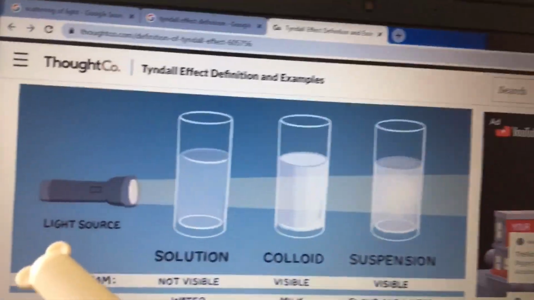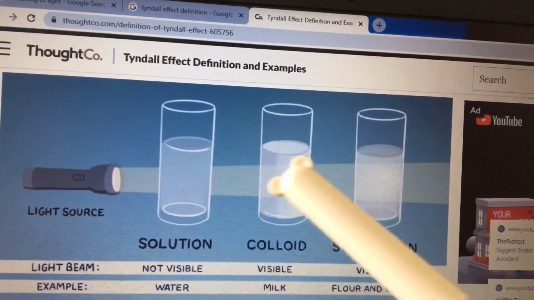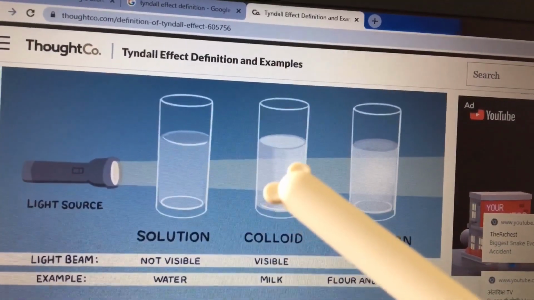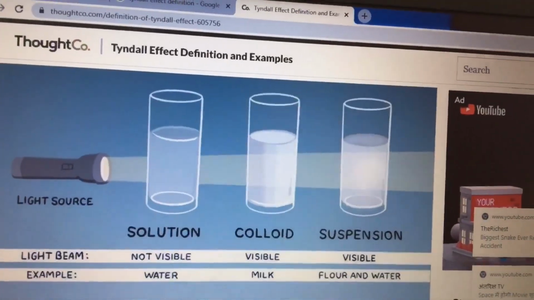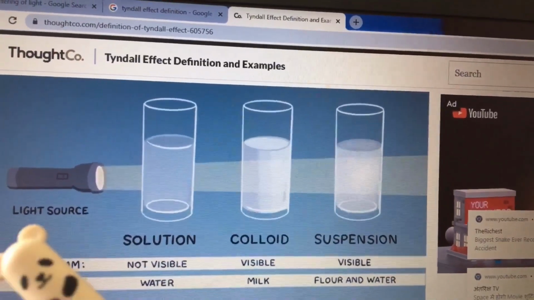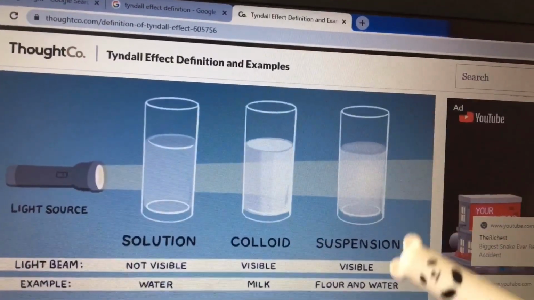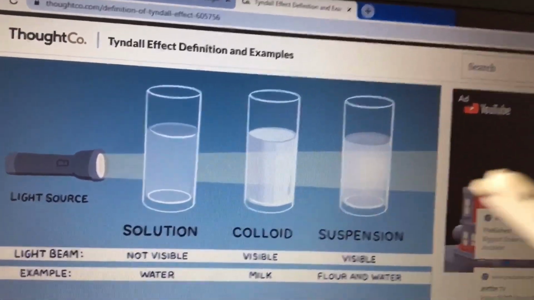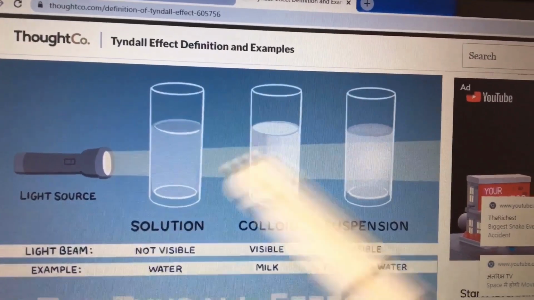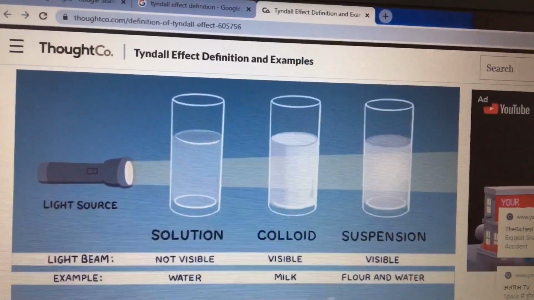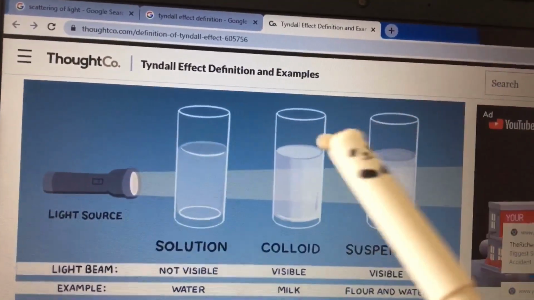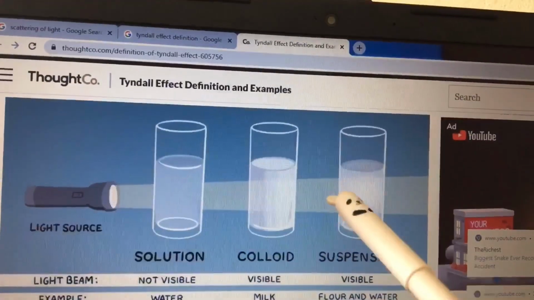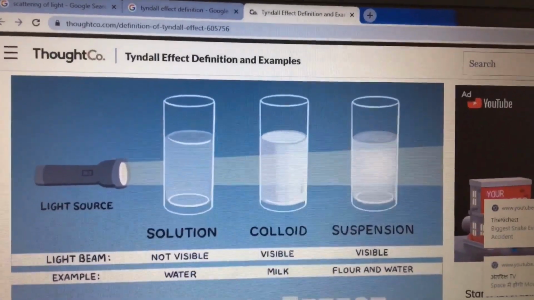But when a torch is flashed on a glass of milk, the light beam is visible. And when a torchlight is flashed on a suspension of flour and water, the light beam is visible. So the Tyndall effect explains the scattering of light by the particles in a colloid and a suspension.